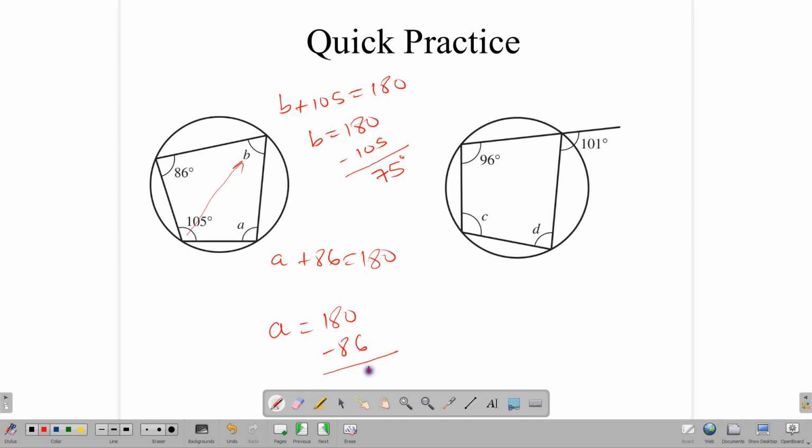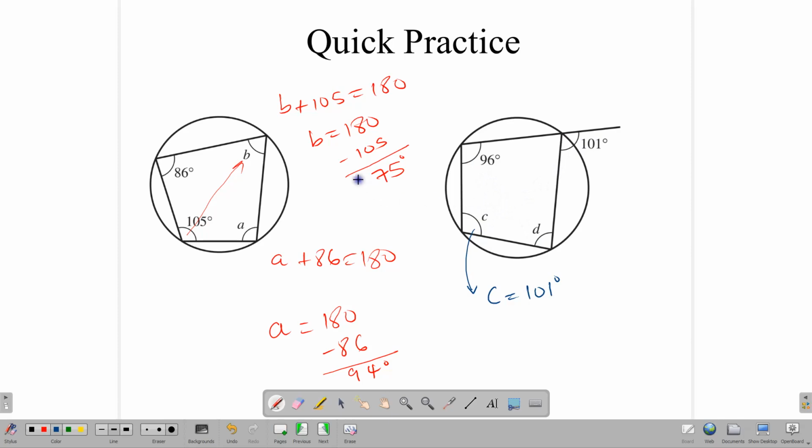And from that, we have 94 degrees as the size of A. And in this case over here, we want to find C, remembering that the external angle that you draw is equal to the interior opposite angle. So we don't have to work this out. We just know that C is equal to 101 degrees because that angle there is 101 degrees.